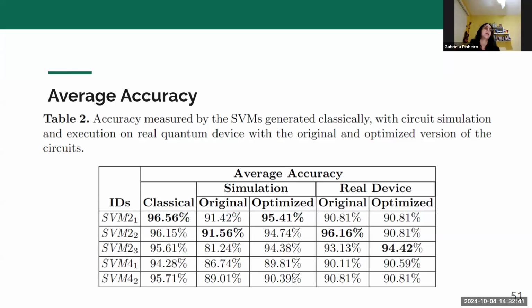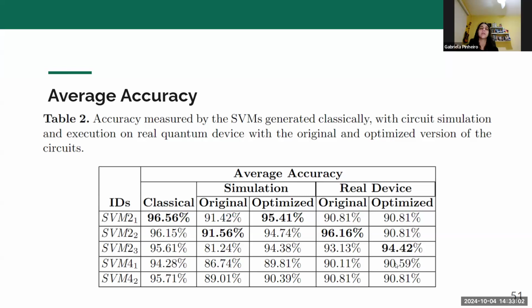And here it's really interesting to see that in the simulation scenario, the optimized circuit presented a better average in every single case tested. And on a real device, we actually lose in only a single case, which was ironically the best SVM of all of the quantum ones.